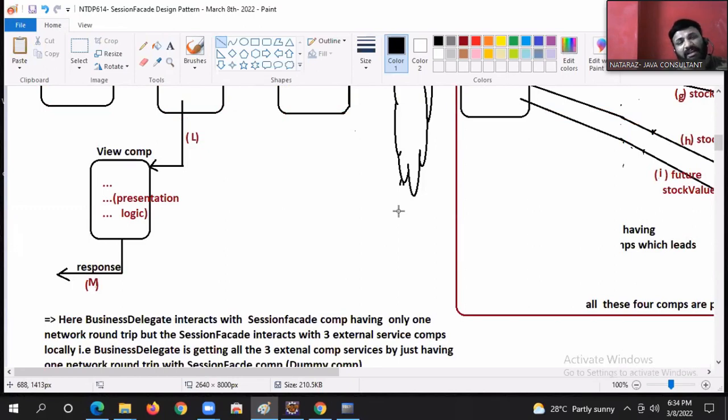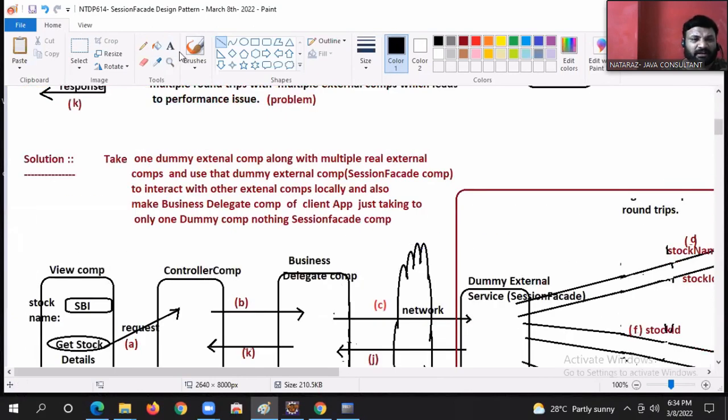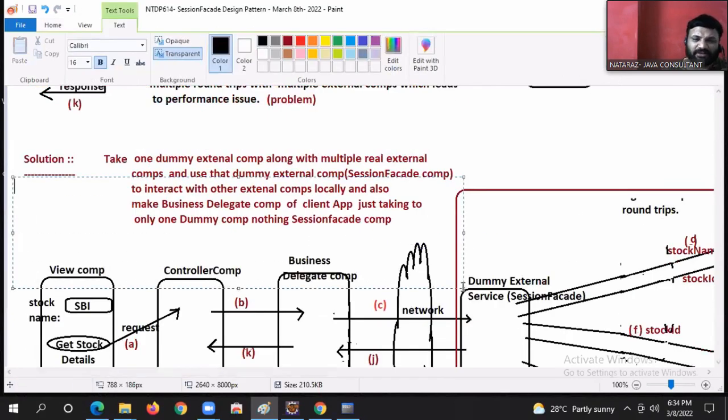You will go to the market 3 times, or you will go to the market 1 time and complete all the 3 works. Yes or no? The solution diagram is also talking about the same thing. That's why the solution is the best.